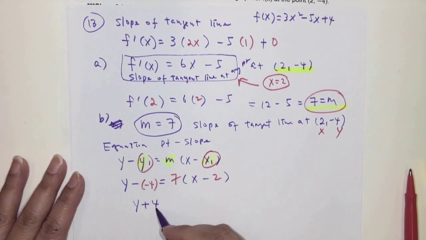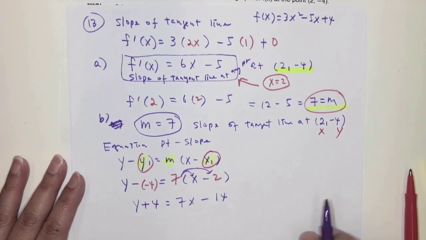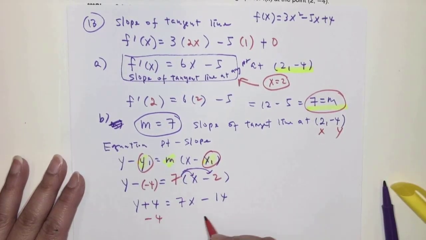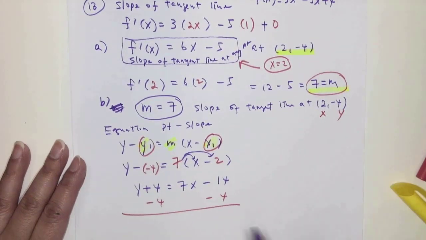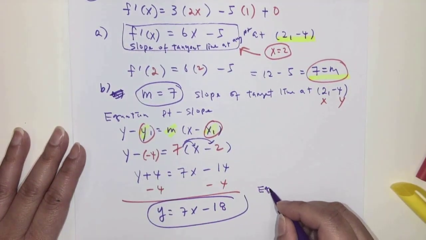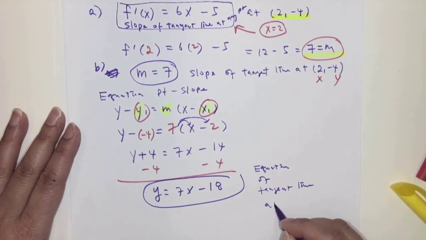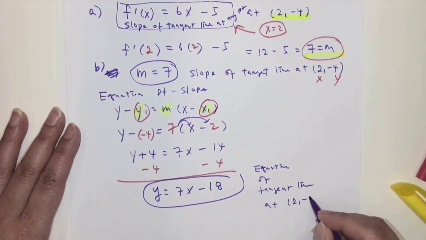Y plus 4 equal to 7x minus 14. Move the 4 to the other side. Y will equal 7x minus 18. That would be the equation of the tangent line at the point 2 comma negative 4.